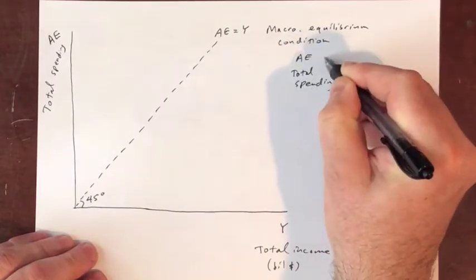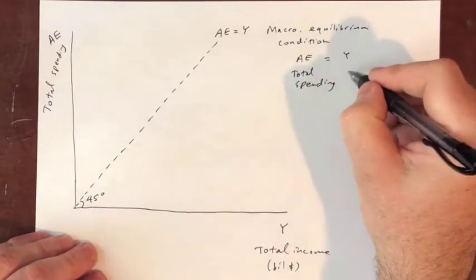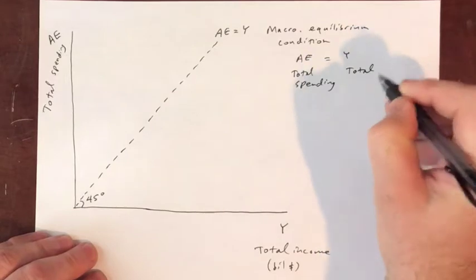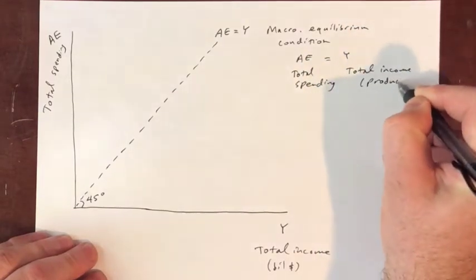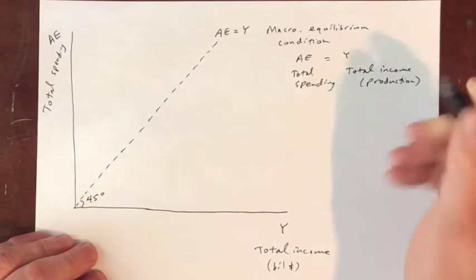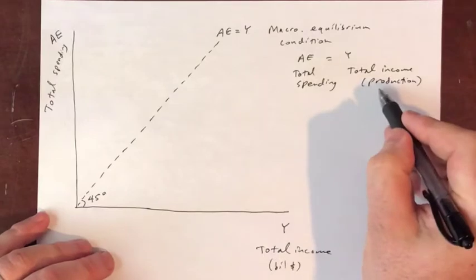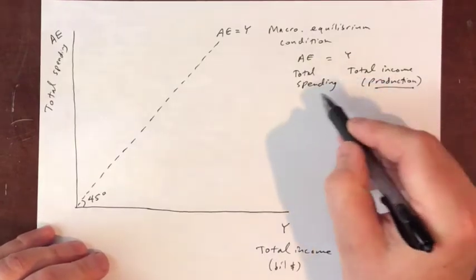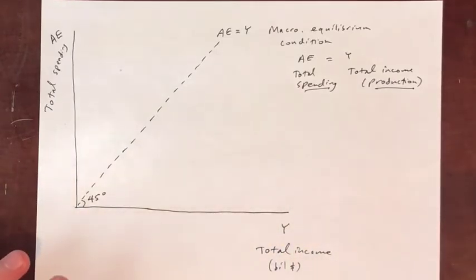And Y, what does this mean? Well, it's the total income, but think of it as production, the total production in the economy. So what we're saying here is that what is produced in the economy must also be spent in that economy. And if that's not the case, that's a very temporary situation.